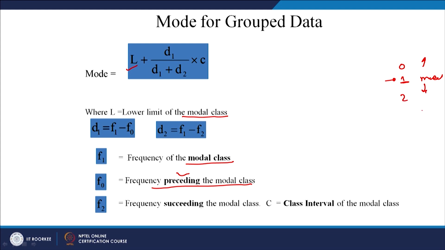So, this is how you can remember. You need to calculate D1 first, then D2. D1 is the frequency of the modal class minus the frequency of the preceding class. Similarly, D2 is F1 minus F2.